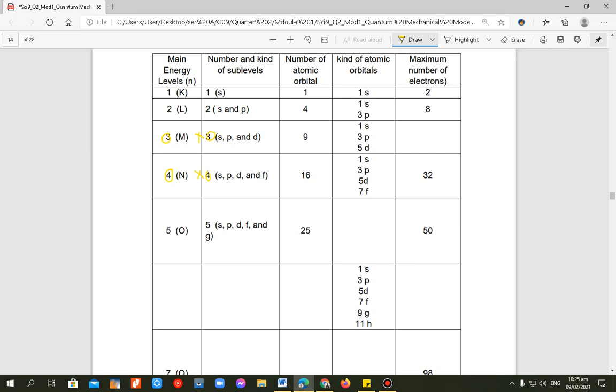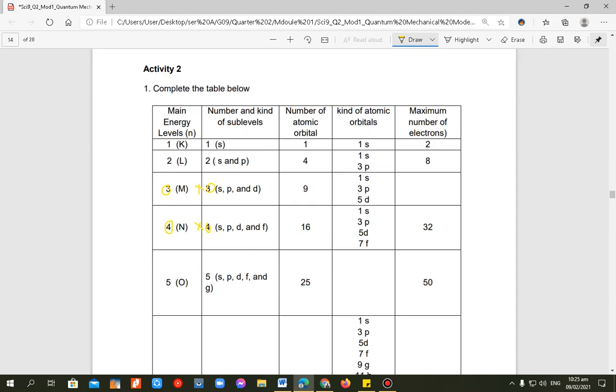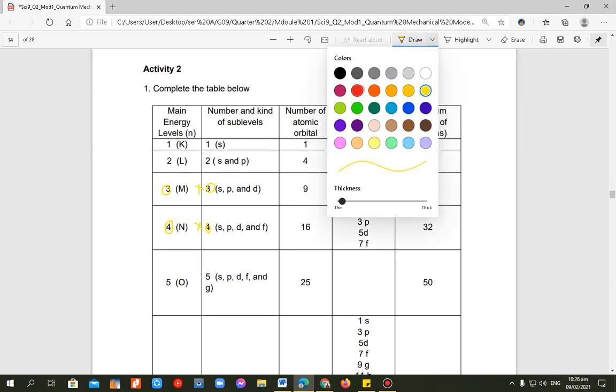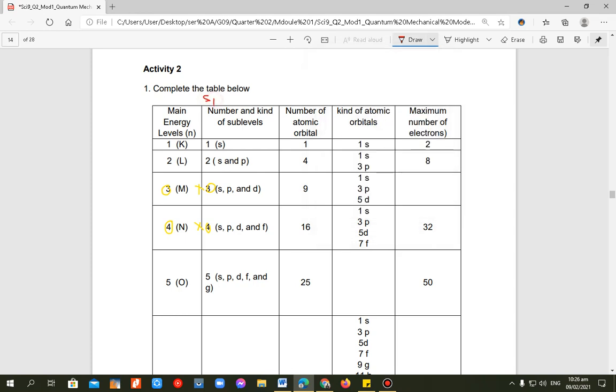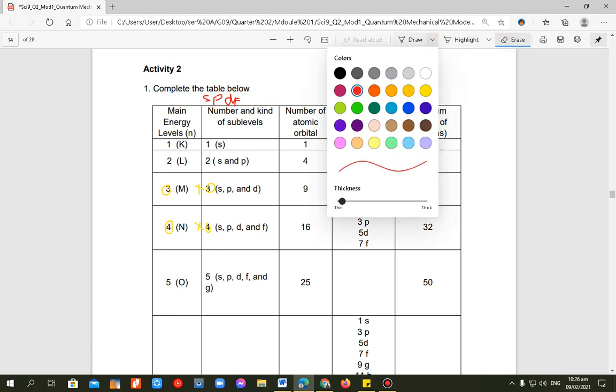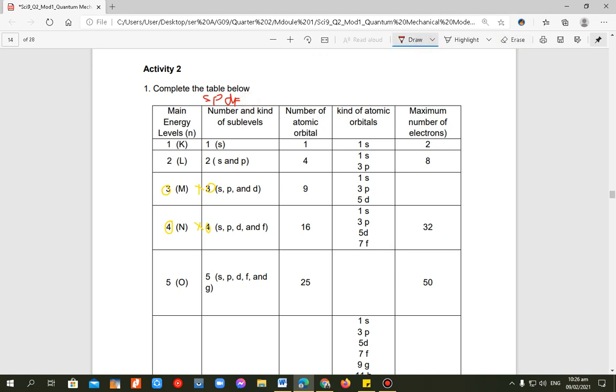So, meron po tayong sublevels na S, P, D, F, G, H, I. Tandaan po natin yan, yung another kind of sublevels. S, P, D, F, G, H, I.